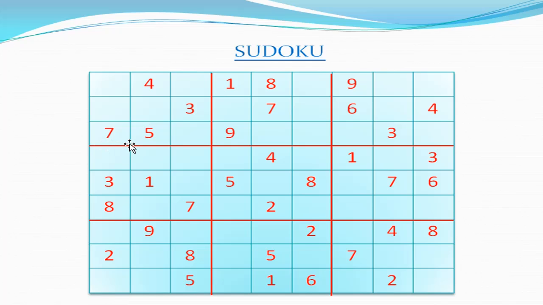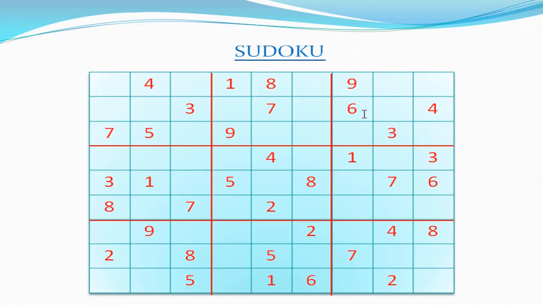In these three blocks, I see the number 7 is here, here, and there is no 7 in this block. Right? So in this block 7 is done, here 7 is done, here 7 is not done. So I will try to place 7 here.